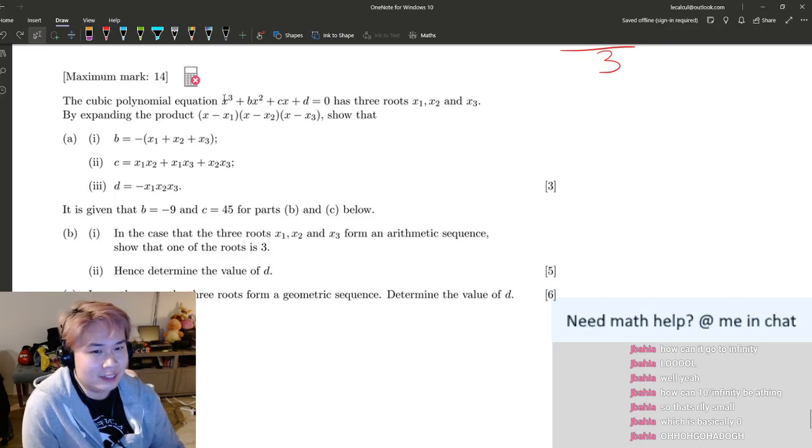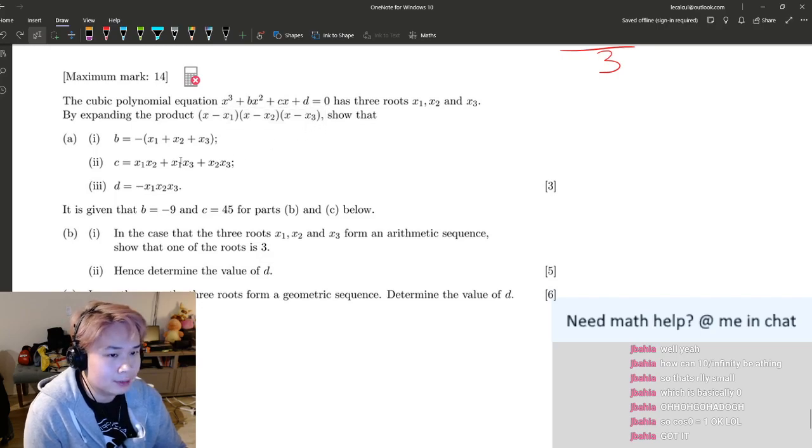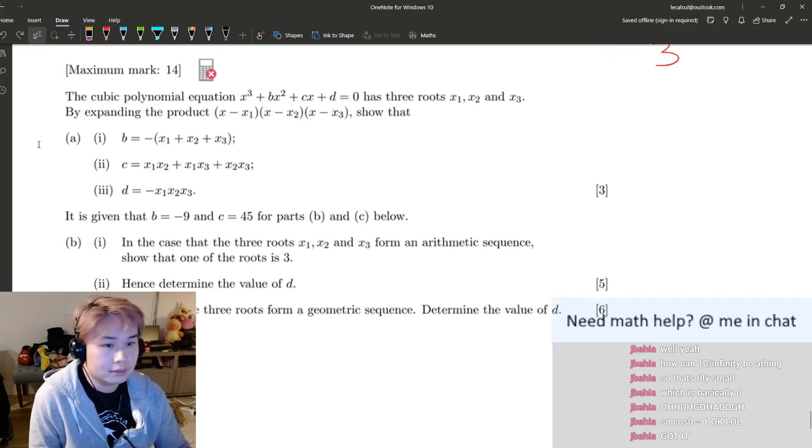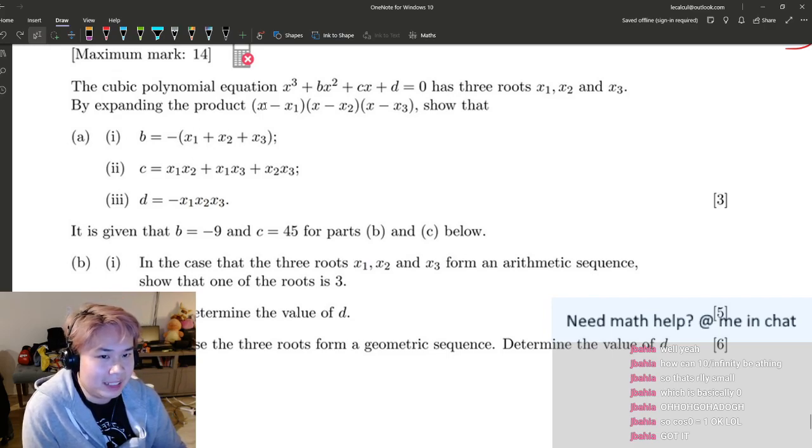Okay, let's see. We have a cubic polynomial, and it has these 3 roots. So we can write this cubic in factored form in terms of the roots. Now what does it say? By expanding this, we can show these 3 things. I really don't want to do that because that's very tedious.